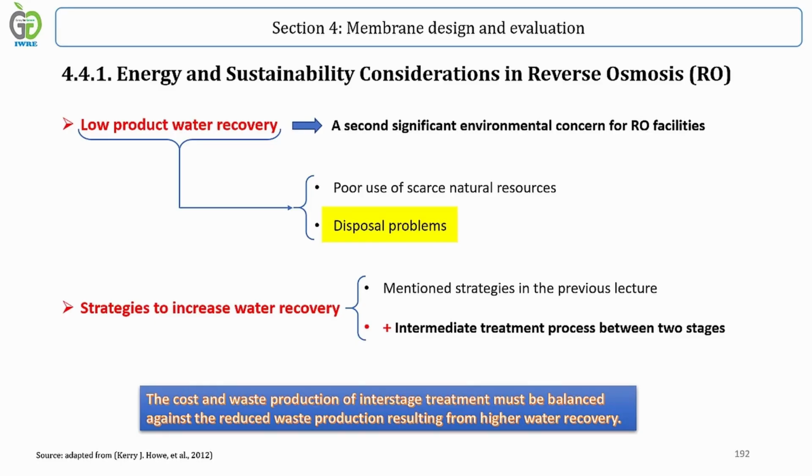The high salinity of the concentrate stream greatly limits the disposal options because of the potential for contaminating the scarce freshwater resources. Thus, increasing the recovery of product water and decreasing the volume of concentrate is an area of active research.